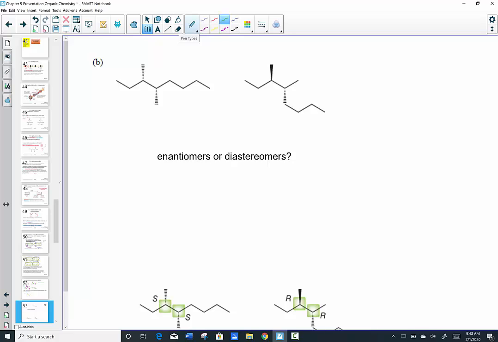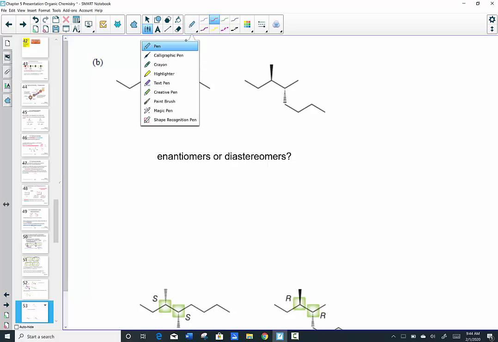Well, sometimes, when I think about drawing a mirror image and trying to find if it matches or not, that's one strategy. But I also want to encourage you, as another strategy, to consider the R and the S configuration. If you determine R or S configuration for clockwise spin or counterclockwise spin, the enantiomer must have the opposite spin.